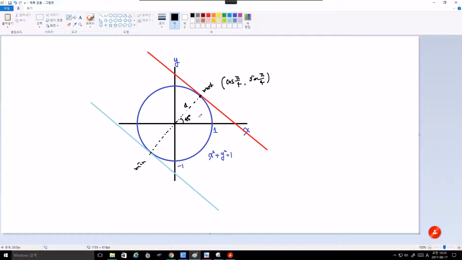Cosine, sine, which is basically square root of 2 over 2 and then square root of 2 over 2, right?